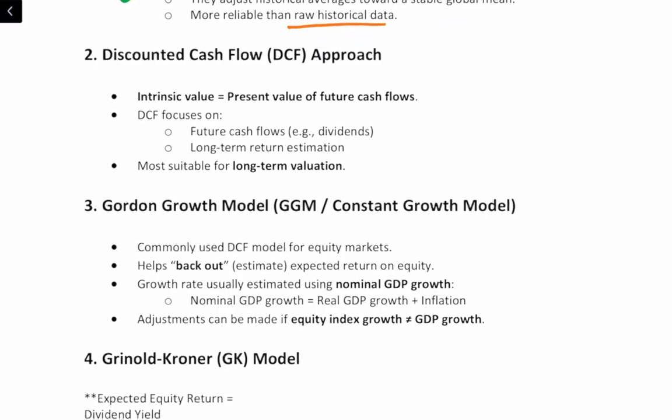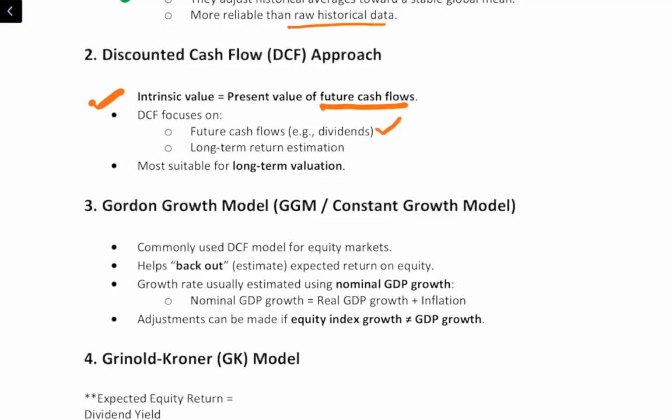Now, the first method which I have in mind to be discussed is the discounted cash flow approach. Clear? I will forecast the future cash flow of the company. I will discount it and then I will calculate the intrinsic value of the equity and then I can calculate the return on my investment. Clear?